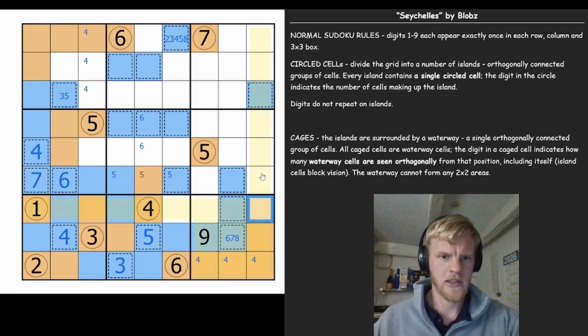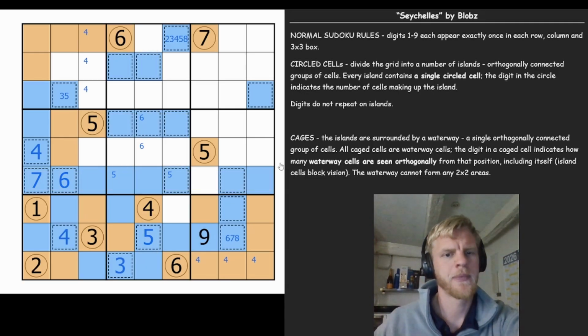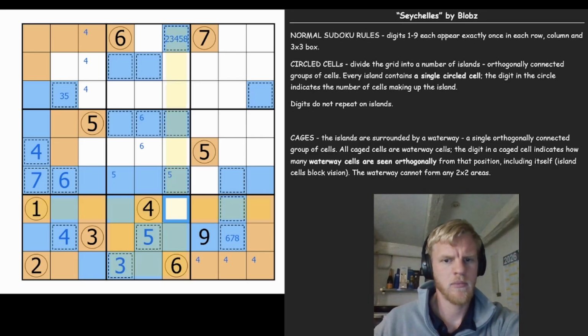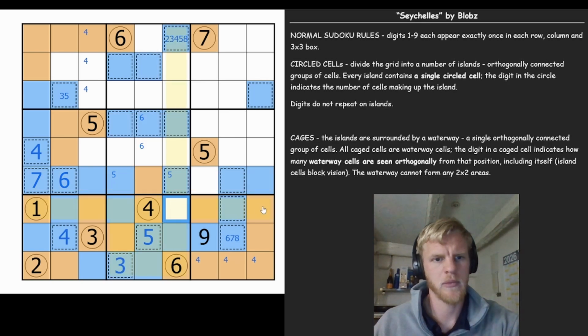Oh, how could I miss that? This 6 island is done. This is island now. No 5 in here, but still water. Water, is it? Still island. I wanted to get rid of a 5.